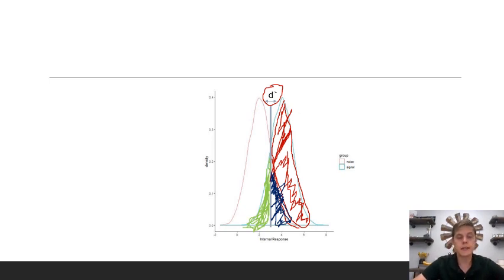But these are the errors that are purely expected simply based off of the complexity and challenge of the task itself. And I forgot to note that this distribution would be the correct rejections here.